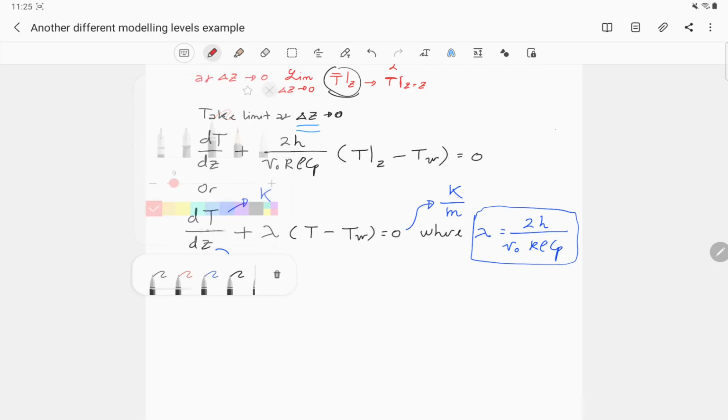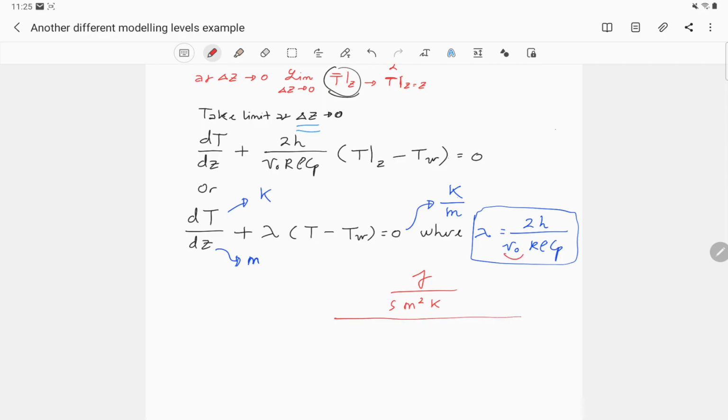For this H, it will have the unit of joule per second meter square Kelvin, divided by the velocity in meter per second, multiplied by this radius in meter, and then the density in gram per meter cube, and the heat capacity in joule per gram Kelvin.